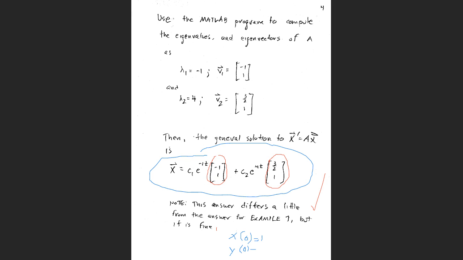So this trajectory would start off at the point 1, 4 when time equals 0. It's a specific trajectory, so we have to solve for C1 and C2.